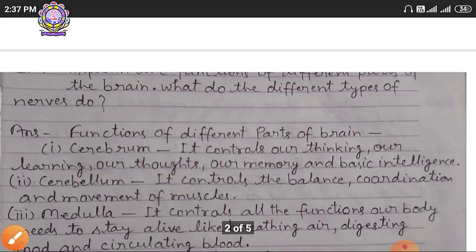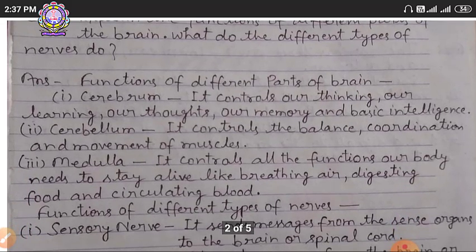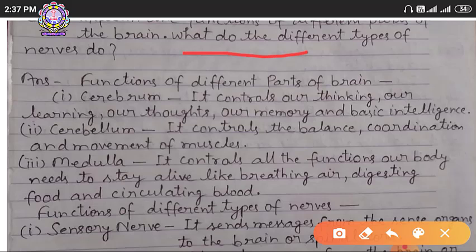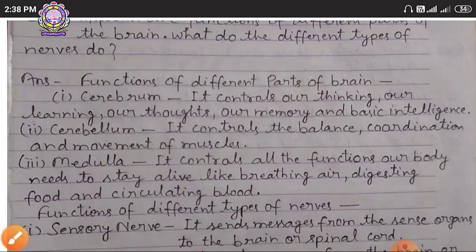Now here you can see the second part of your question, what do the different types of nerves do? Means first we have seen the function of different parts of brain. Now we will see the function of different types of nerves.